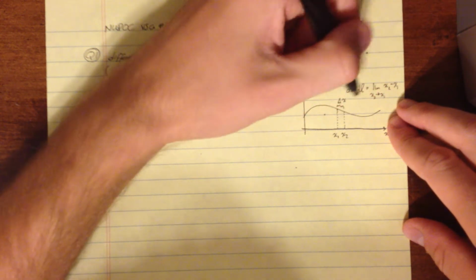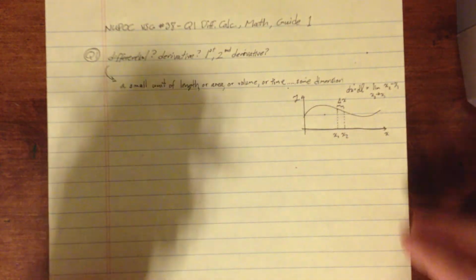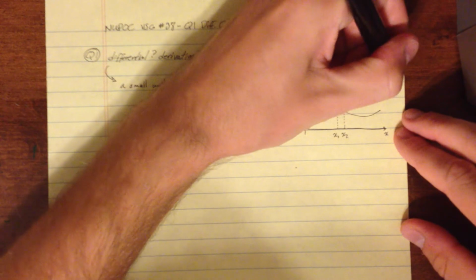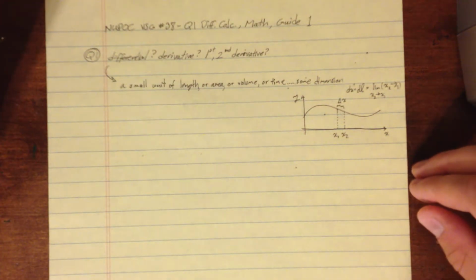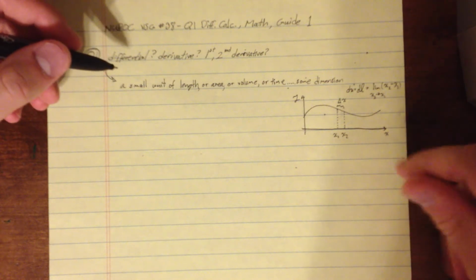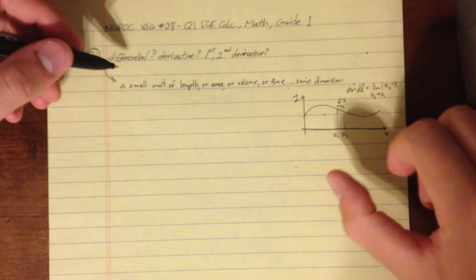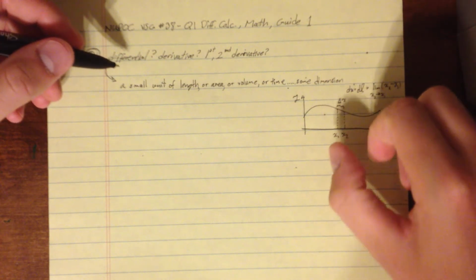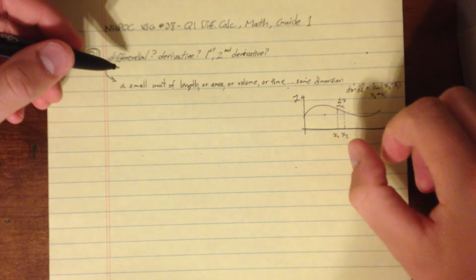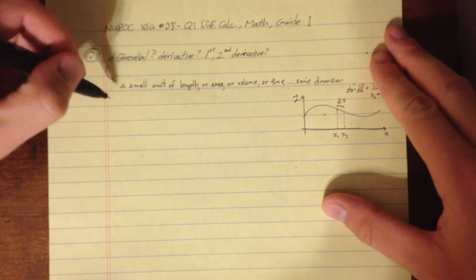So dx is the limit as delta x gets very small, as x1 and x2 approach each other, and we take the difference between them. And same thing if we're looking at a differential volume or differential area or differential time. It's an infinitesimally small unit of some dimension, right?